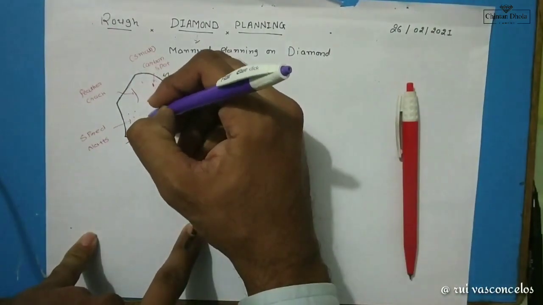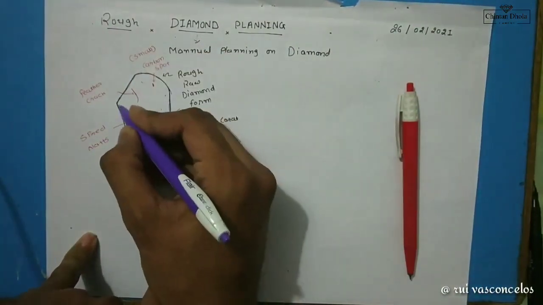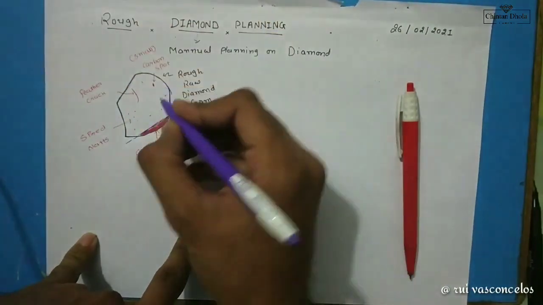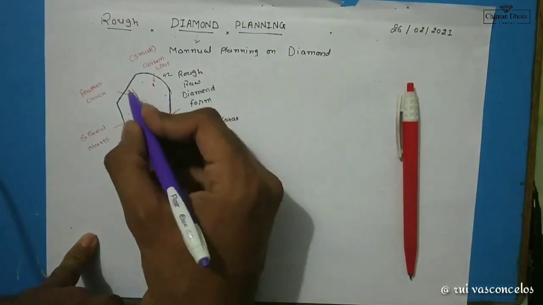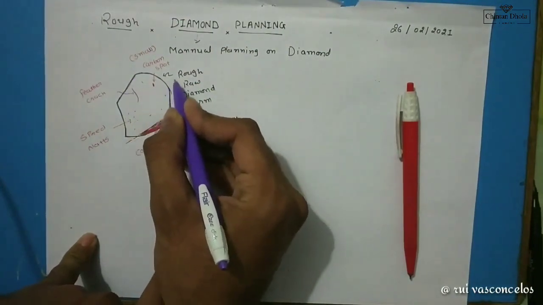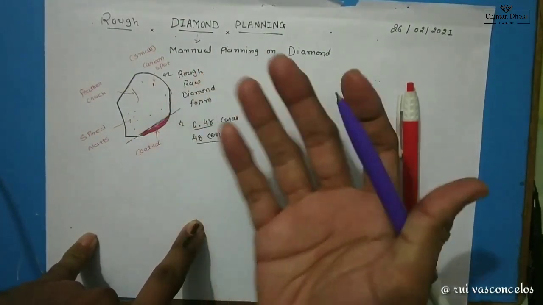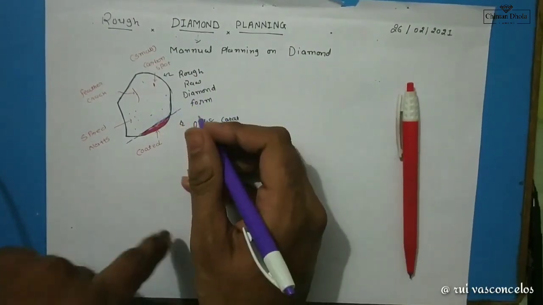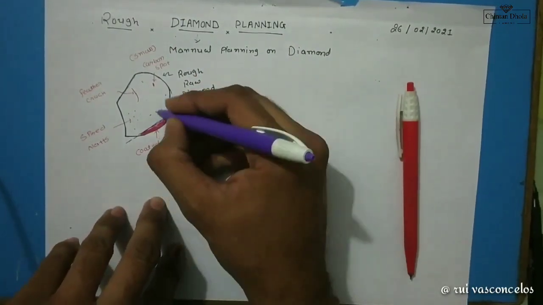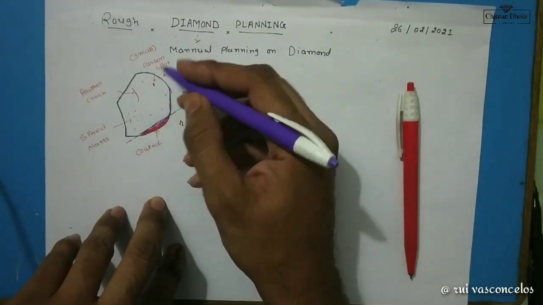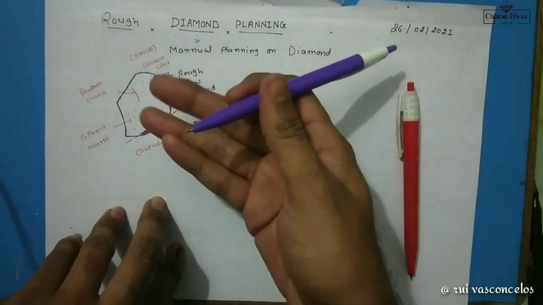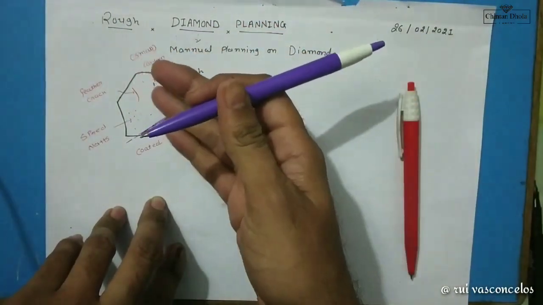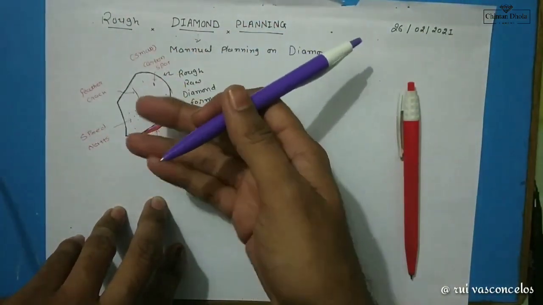You can do this type of marking, or this type of marking, or this type of marking, but what is the exact and better plan for you in the manual process? You have to decide how you can get better, and which type of clarity diamond you need. You have to decide that firstly. After that, you can do planning on it.